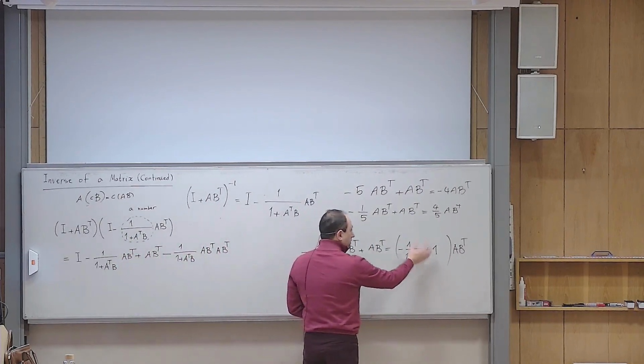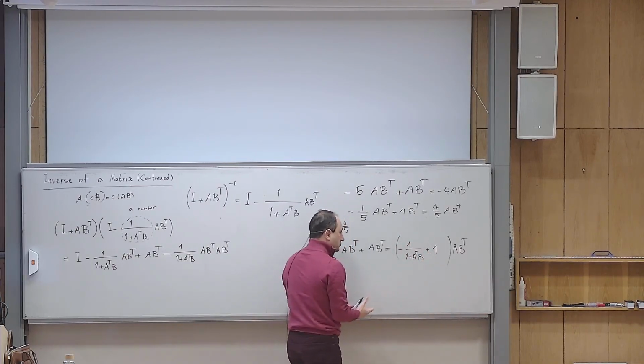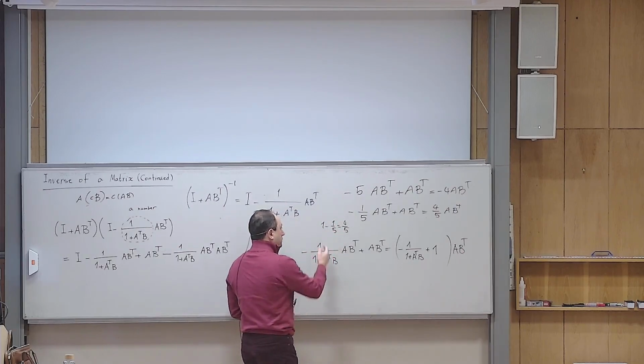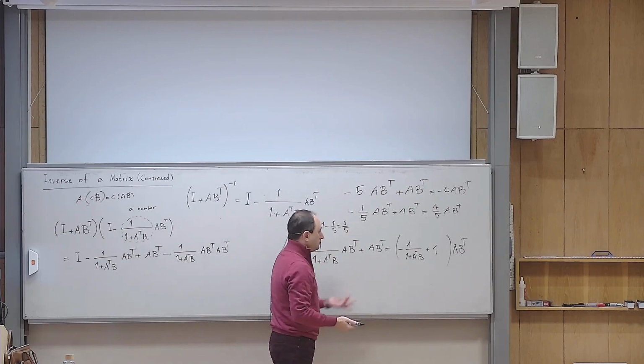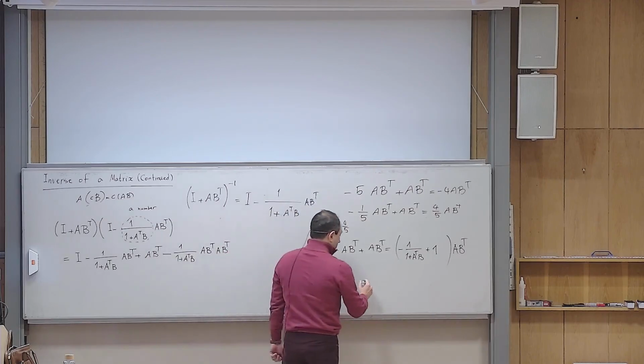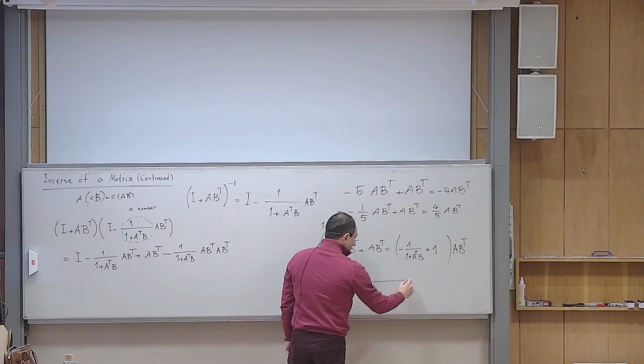This is no longer a matrix or something. You know that this is a number and that's a number. I want to add them. In the case of 1 and -1/5, I was able to take the common denominator and simplify it. Here, I should also take the common denominator. Yeah, so what's the common denominator here? 1 plus A transpose B. Exactly. This number is the common denominator.